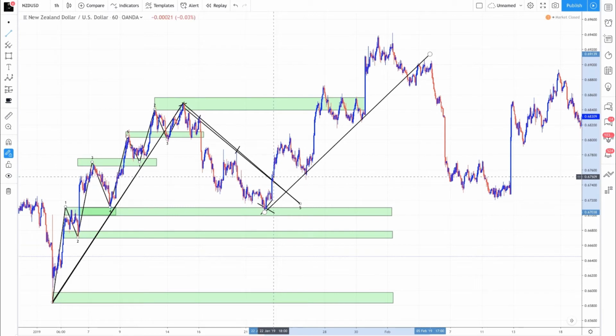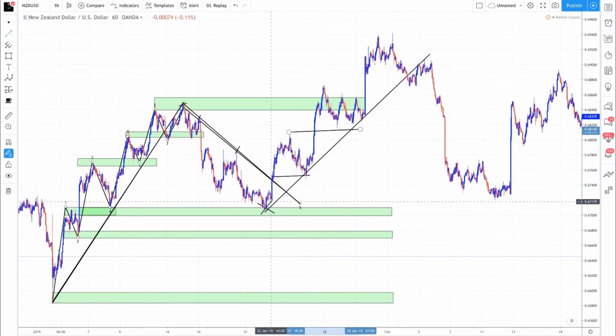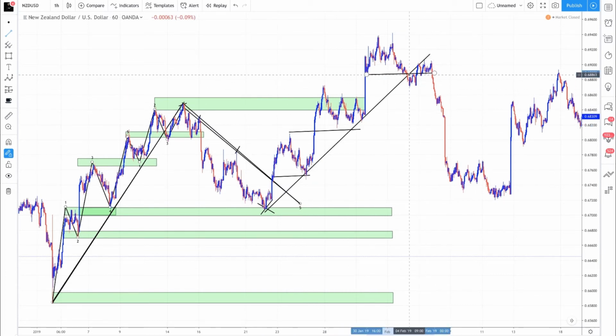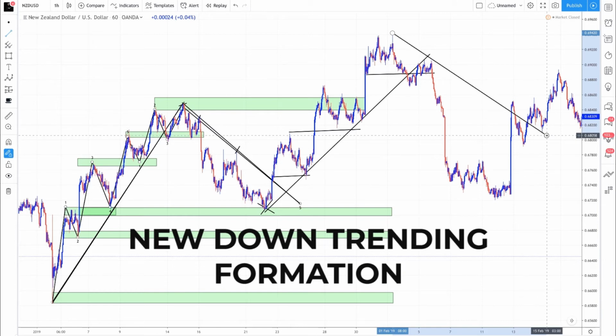And look at how price is coming here, finding support, and continuing an uptrending formation in this market until price is finally able to break the support zone, break the trend line, and then start a new downtrending formation.